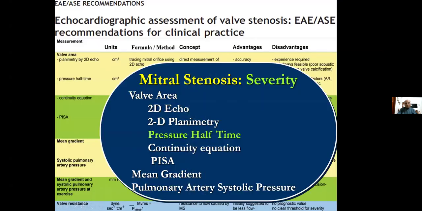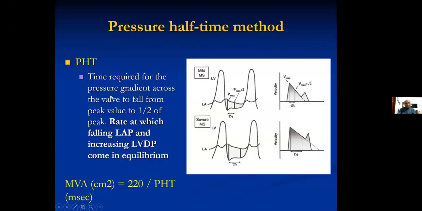Then, of course, the pressure half time. The definition is very confusing, but the one I have added is the rate at which the falling LA pressure, when the mitral valve opens in diastole, and the increasing LV diastolic pressure come into equilibrium.